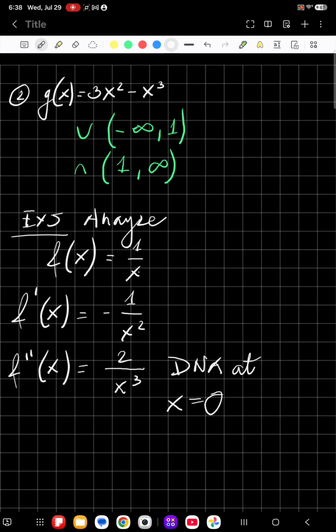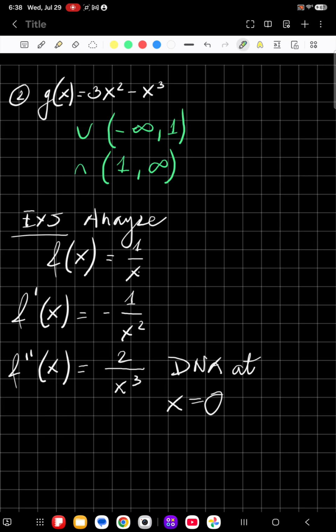So that potentially could be an inflection point, but that 0 is not in the domain of the function. For a point to be an inflection point, the x needs to be in the domain of the function. The original function doesn't have 0 in its domain.